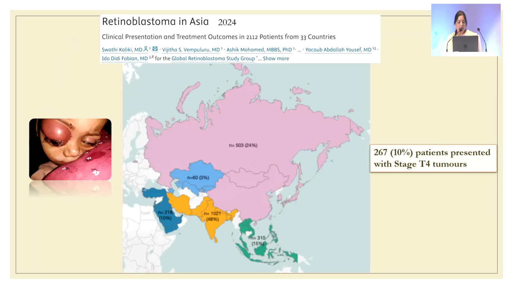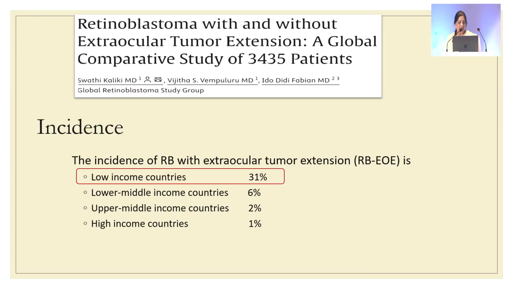And 10% of these orbital patients presented with stage 4 tumors as per the latest report in 2024. Looking at retinoblastoma with and without extraocular extension, orbital retinoblastoma is also a part of the extraocular tumors.